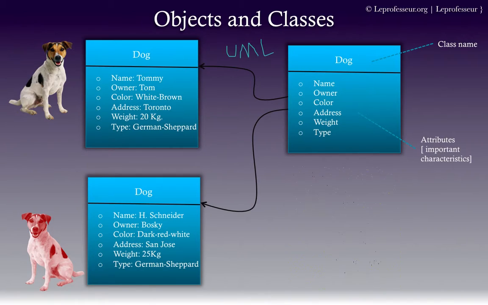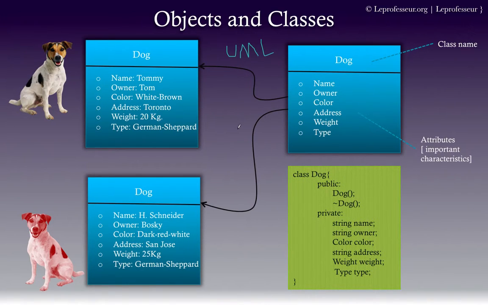Now if you want to implement in a programming language, let's say this is a C++ example. Okay, so class dog, we have some public members. These functions are basically for each class or object to represent and to have the data storage. The typical functions used are constructors and destructors, and you may have other functions associated with this class.